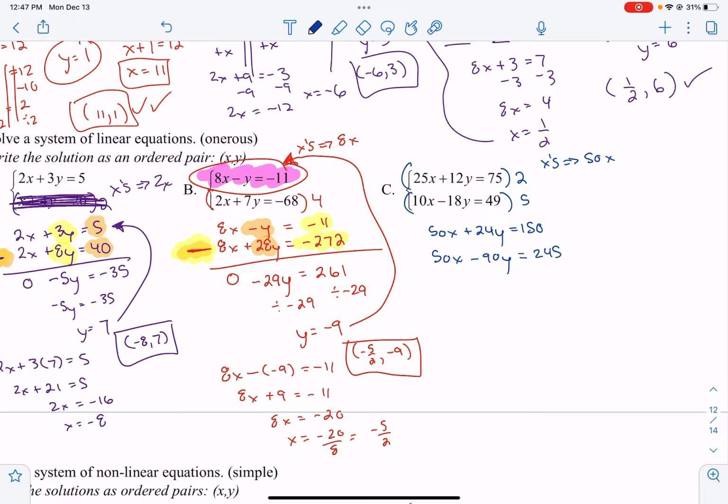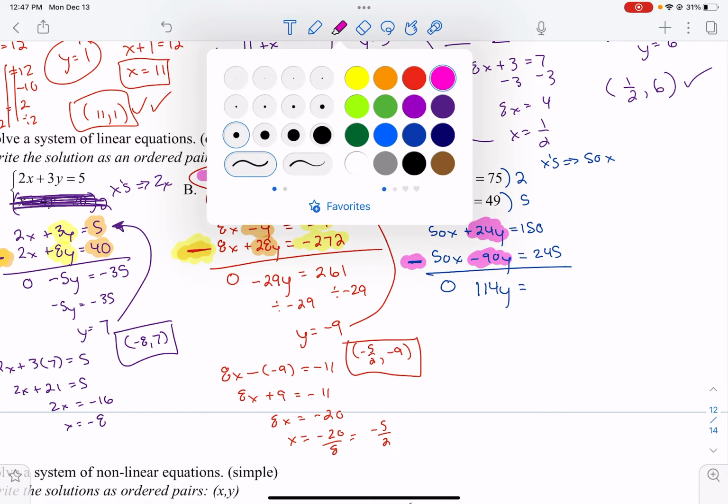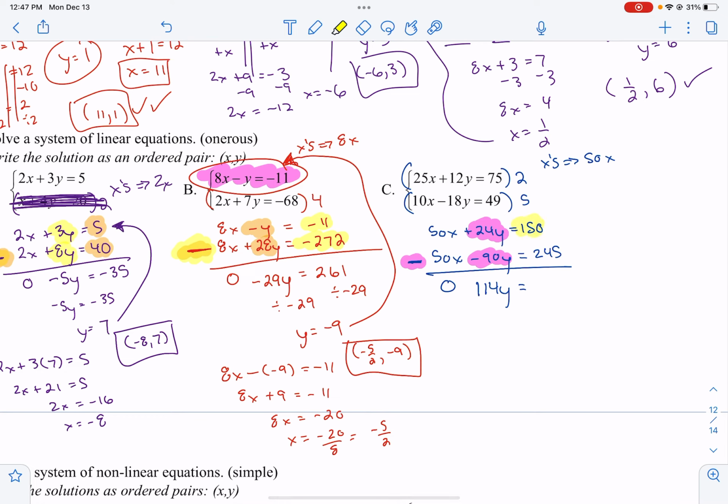Okay, our x's match, so let's take everything on top minus everything on the bottom. 50 minus 50 is 0. And then I'm going to take 24y minus negative 90y. So that's 24 plus 90. So that's 114 y's. And then 150 minus 245 is going to be negative 95.